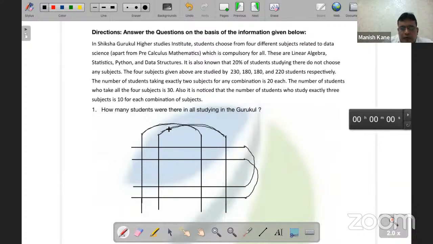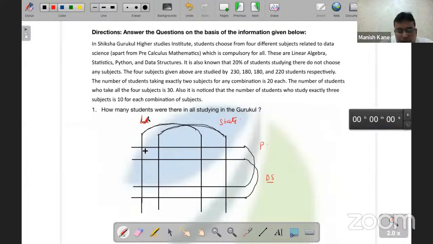Okay, so let us say this is linear algebra. Let me write it in red. Linear algebra. Then you have statistics, you have Python, and you have data structure.